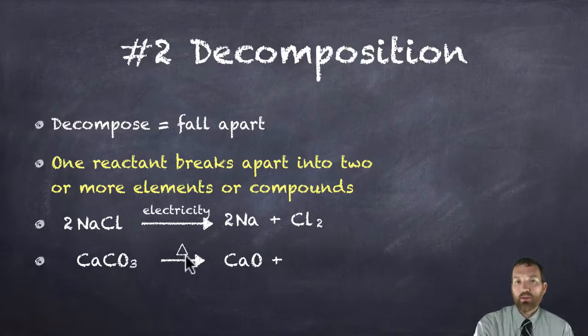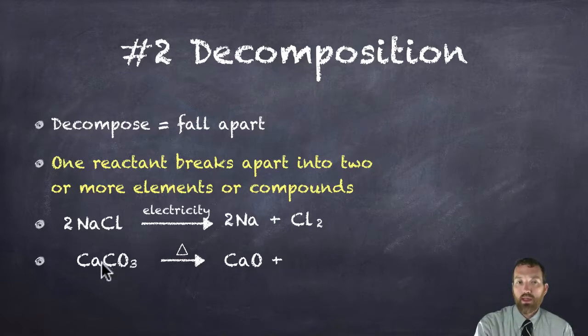Remember, the little triangle means we're supplying heat, and it's breaking down into calcium oxide and something else. You need to figure out the something else. So we can figure that out by looking at the equation, looking at the reactant on the left here. It's basically like subtraction. If I take away a Ca and an O from over here, what do I have left?